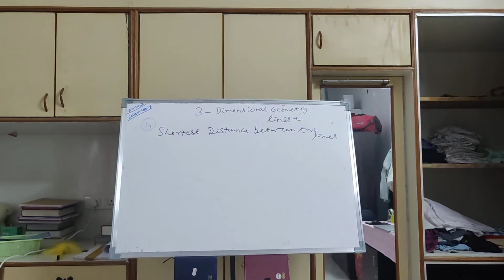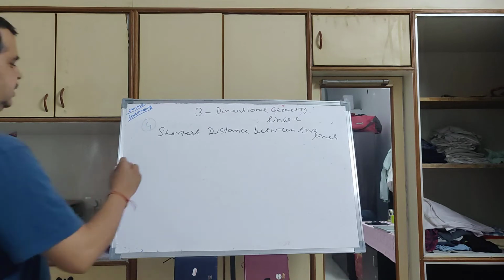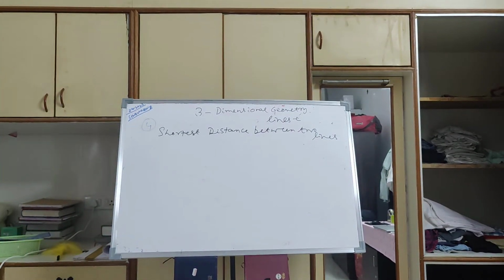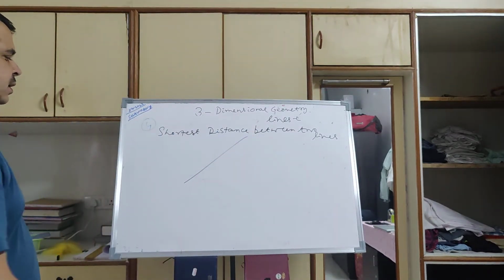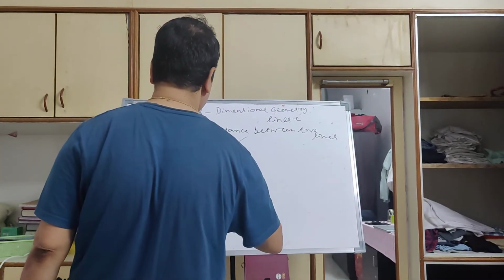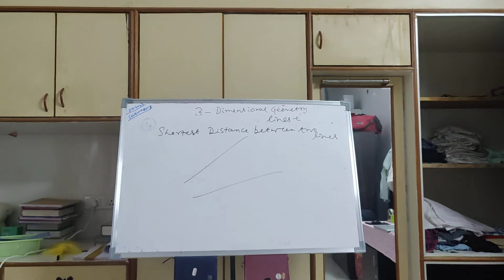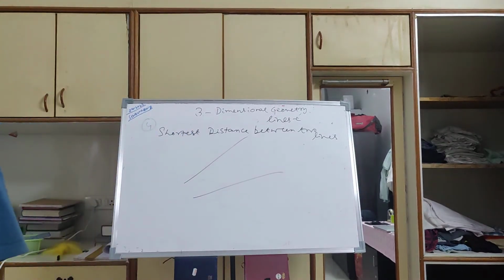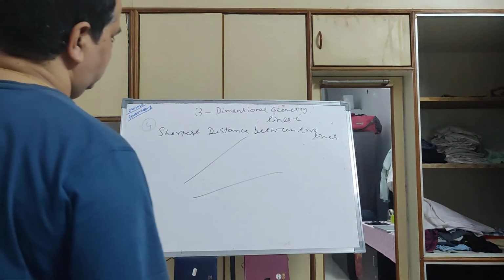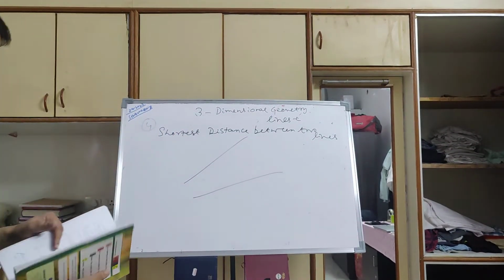To find out the shortest distance between two lines: see, this is one line and this is another line. So how do you know what the distance is? It will vary from point to point. So the shortest distance between those two lines, how do we find it out?